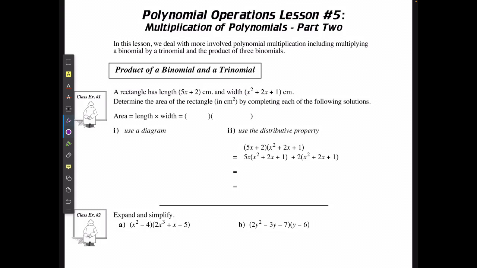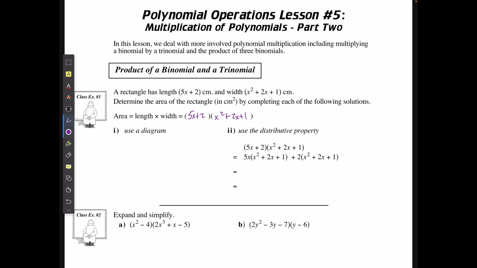Which means that if I'm finding the area, I'm going to multiply the length, 5x plus 2, times the width, x squared plus 2x plus 1. Now, I could do this using an area diagram, or I could do this using a distributive property, which they have started for us.